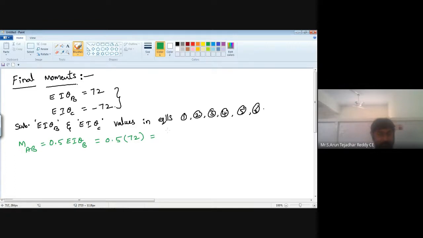Then we'll get one value. All of you calculate these values. Next, what is the MBA equation? That is observed in the second equation. In the second equation, we have only EI theta B. Okay. So directly we can substitute the EI theta B value, that is 72 kilonewton meter.